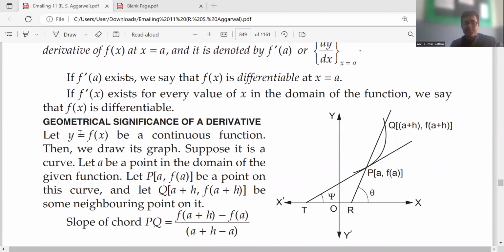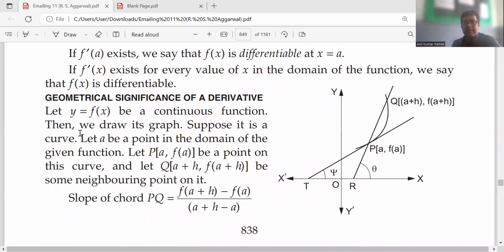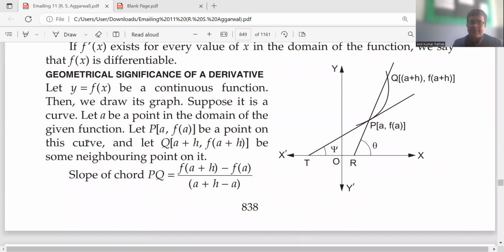One more thing here: the geometrical significance of the derivative. Whenever you take the curve of any function that is a continuous function, at any particular point, when you draw the tangent, the slope of the tangent is called dy by dx at that particular point.